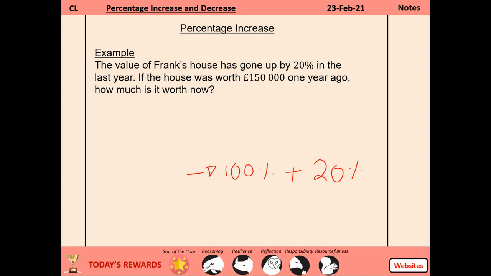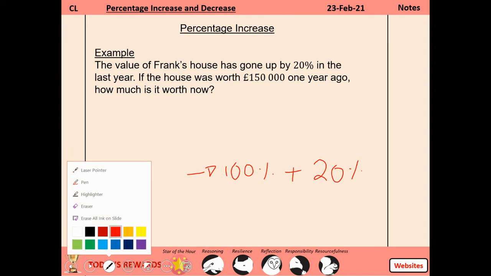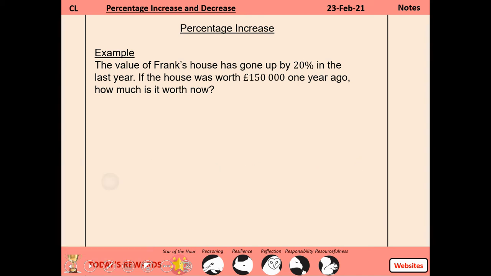Another way to work this out, I'll show you another method actually. Some people might find this method much easier. What we're trying to do is work out 150,000 plus 20%.